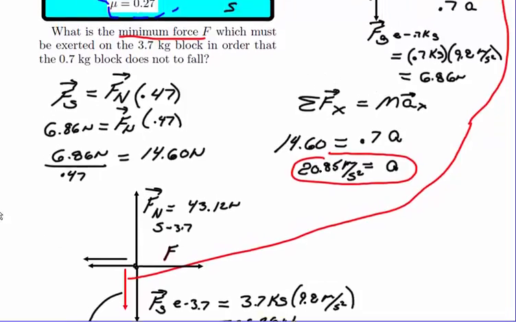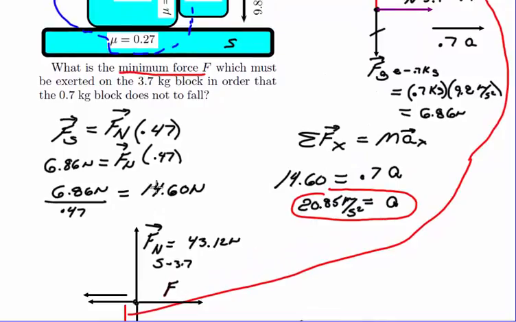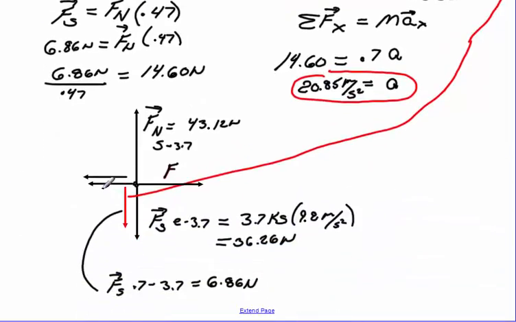So now we know what that normal force is, right? We got that normal force here as 14.6 newtons. I'll come down here, 14.6 newtons. I'll label that actually as the normal force.